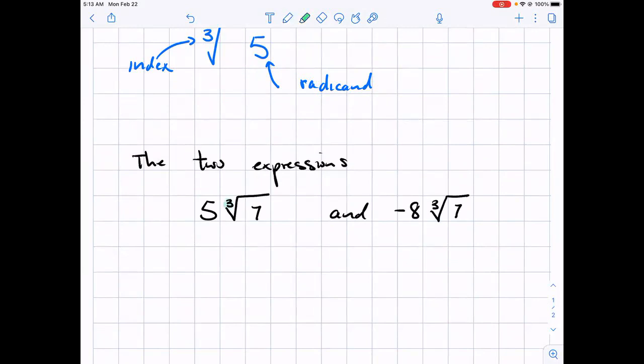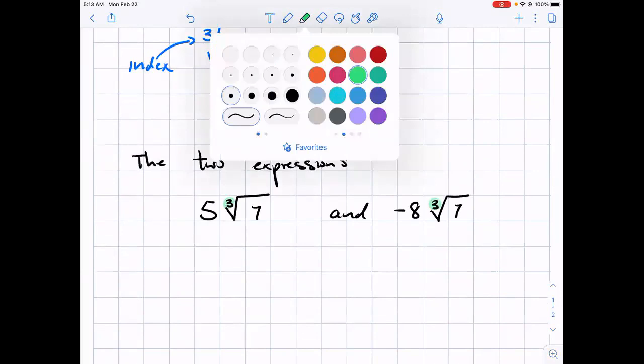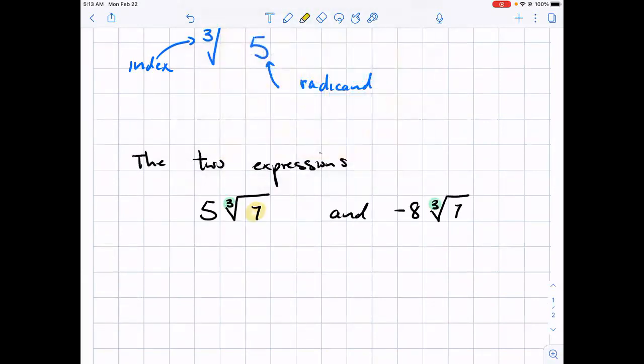Because notice that the index are the same, and the radicands are identical. The 5 and the minus 8 are just coefficients that are being multiplied by the radical. So that's very important to understand, that you know what similar expressions are.